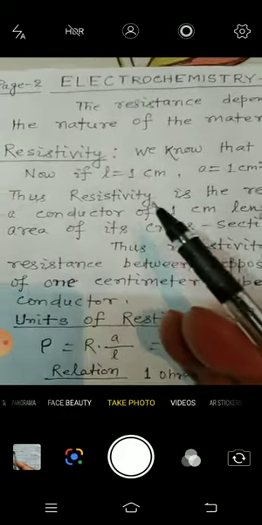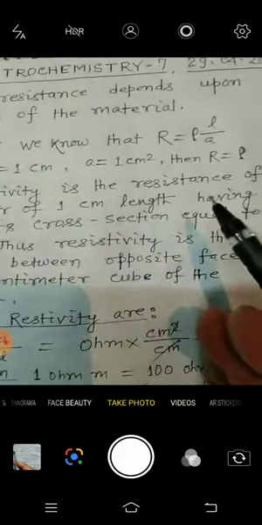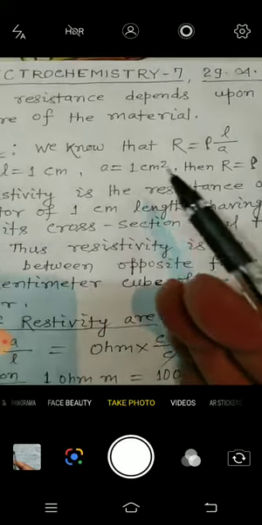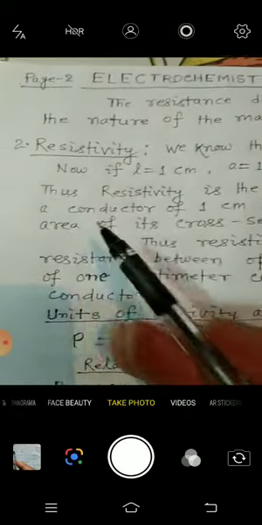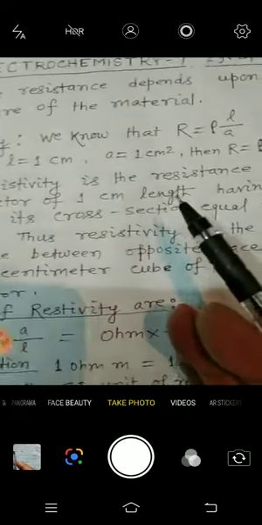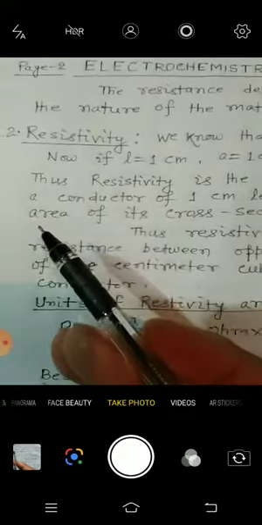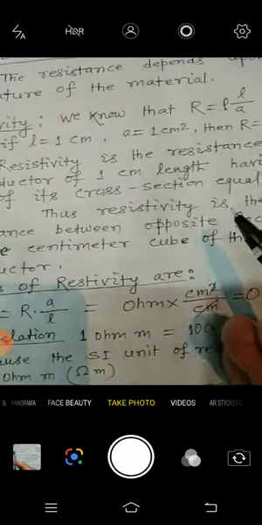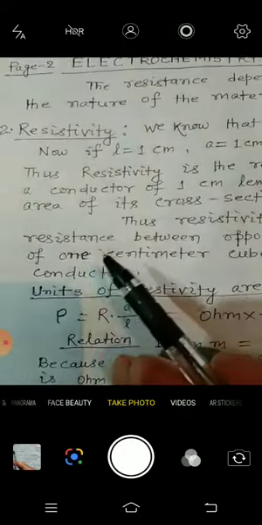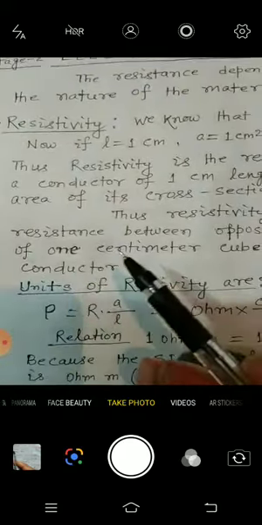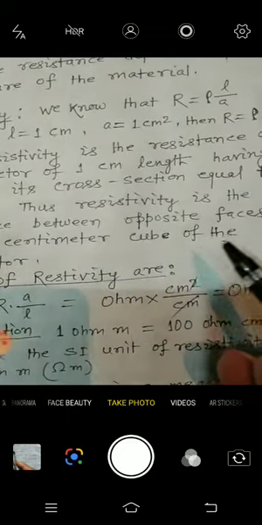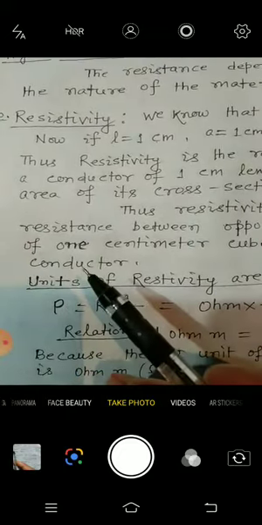So resistivity is the special case of resistance of a conductor of 1 centimeter length having area of cross section equal to 1 cm square. Thus resistivity is the resistance between opposite faces of 1 centimeter cube of the conductor.